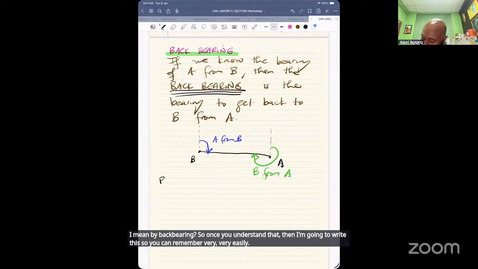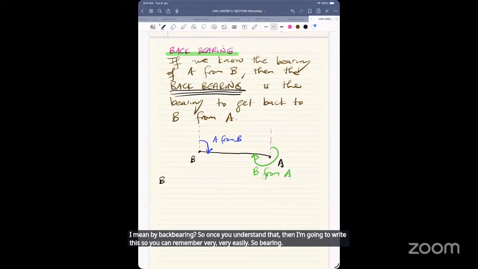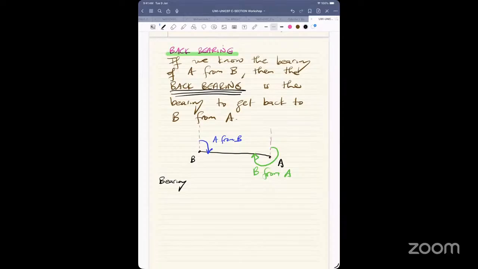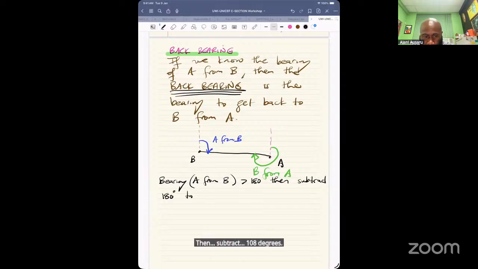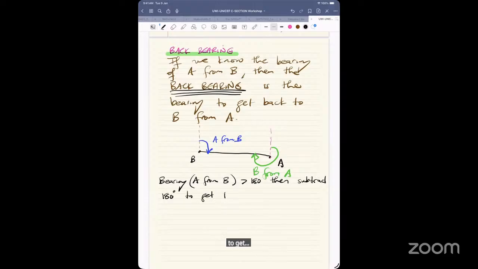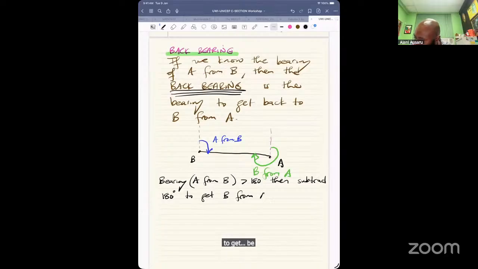So, if the bearing of A from B is greater than 180 degrees, then subtract 180 degrees to get B from A. Let me put a bullet here.